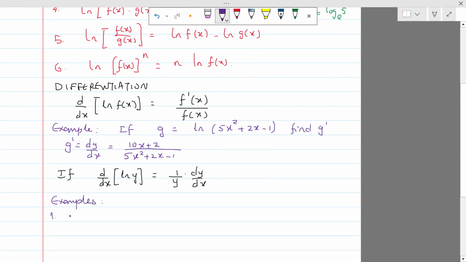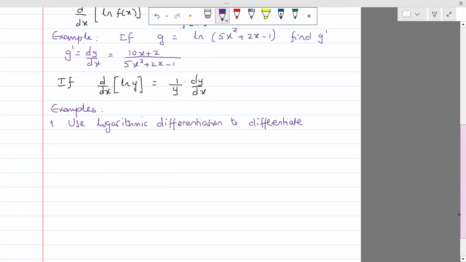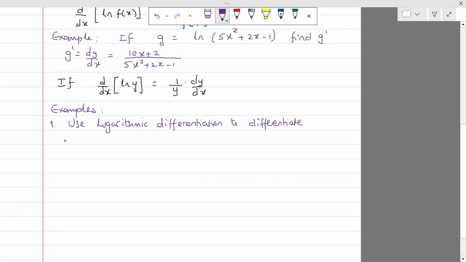Example: use logarithmic differentiation to differentiate r equals (2x plus 5)(3x minus 2) over x minus 3.